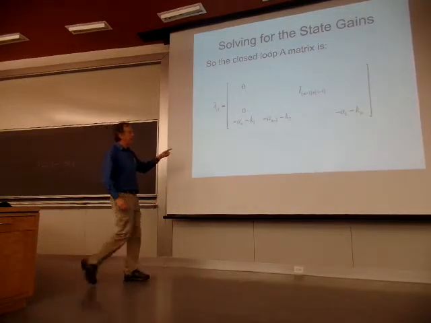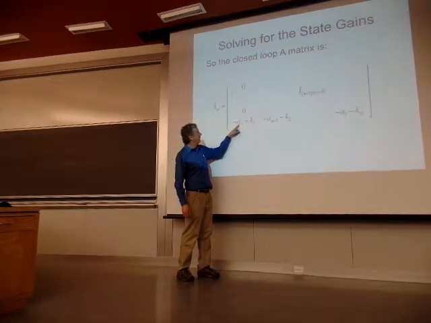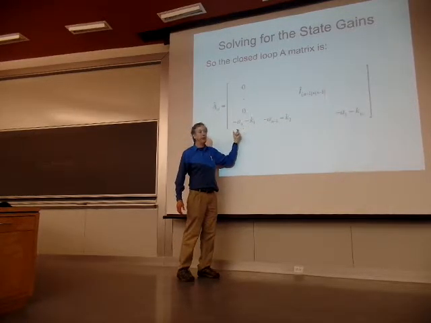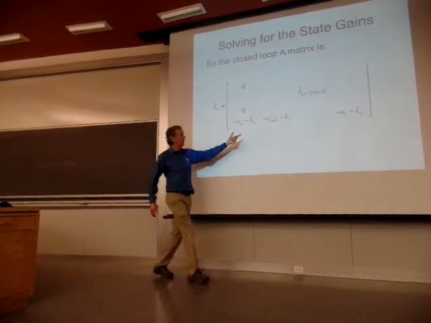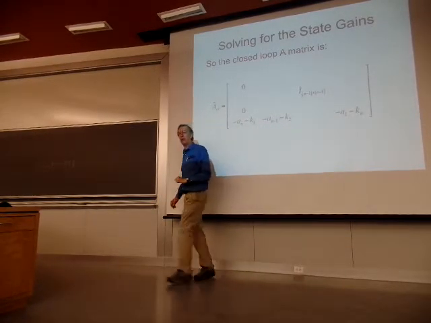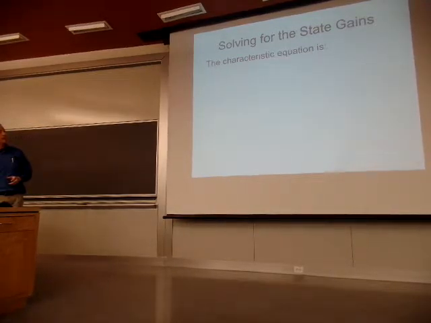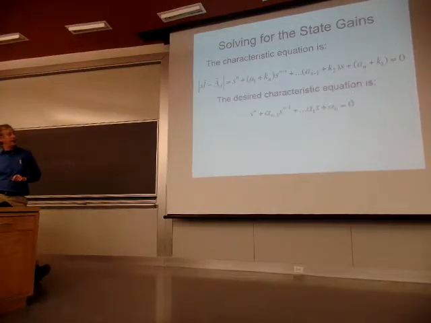So all I need to do is solve for K1, well, that's minus A, where this open loop coefficient is minus K1, equals the coefficient for my desired closed loop form. Likewise here for the next term, and so forth. The solution is going to be very, very simple. The characteristic equation is this, and all of these terms end up being very nice.